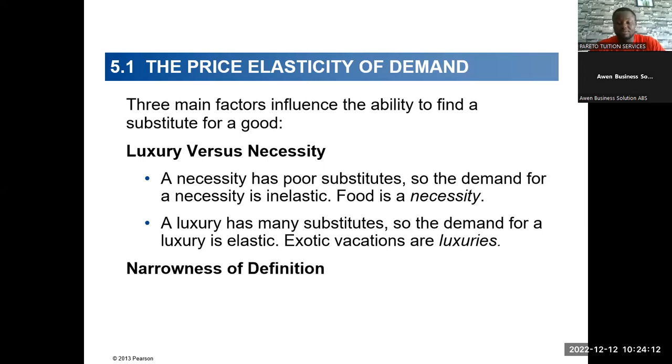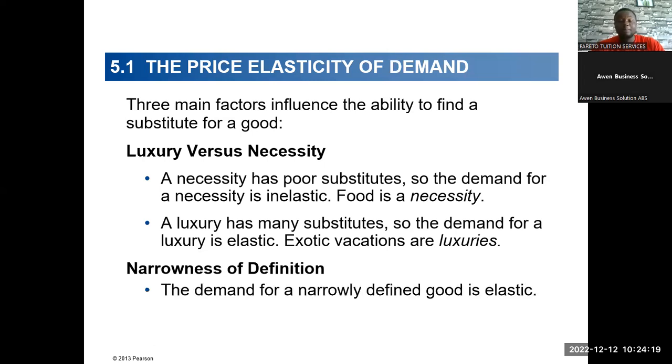If it's broad like that, you cannot find a substitute. Are we together? You say food, beverages, main dishes, fruits, vegetables, everything is under food. Where do you find a substitute? You can't. So it becomes inelastic.